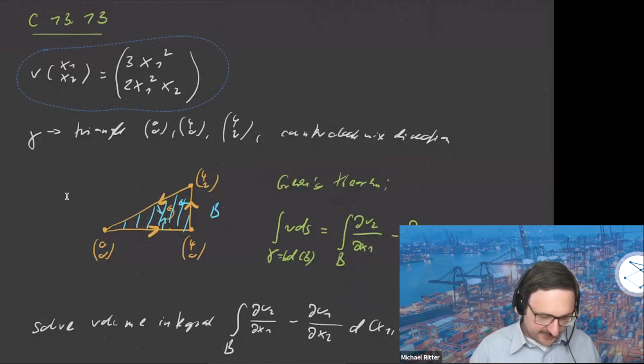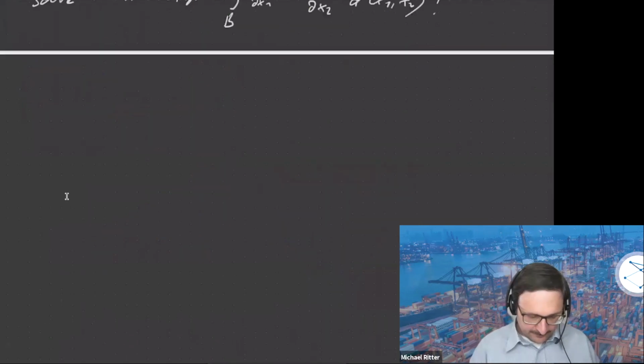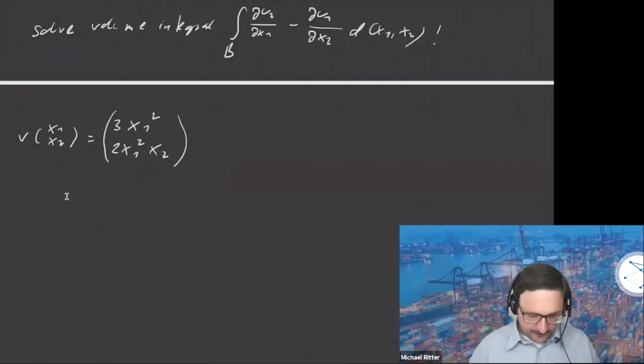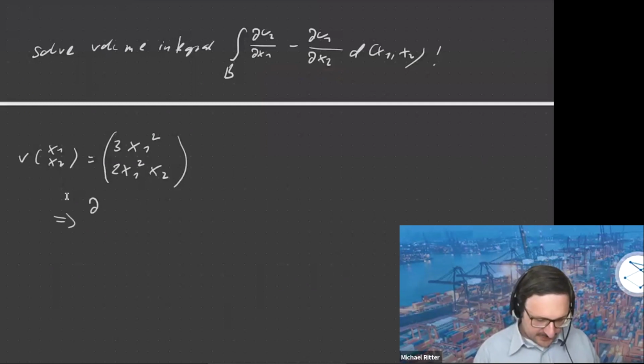So this is our vector field. And we want to compute this expression. So let's do that. It means dv2 dx1 minus dv1 dx2.